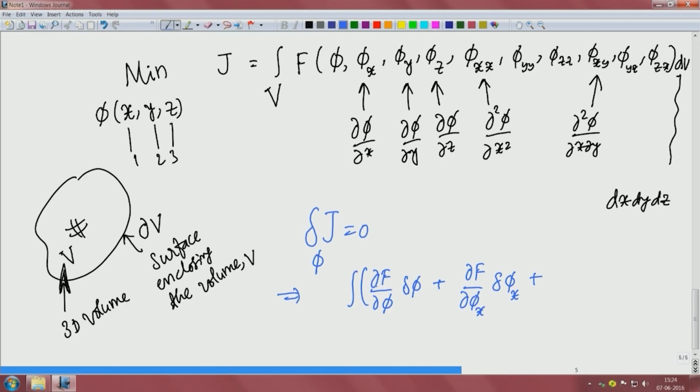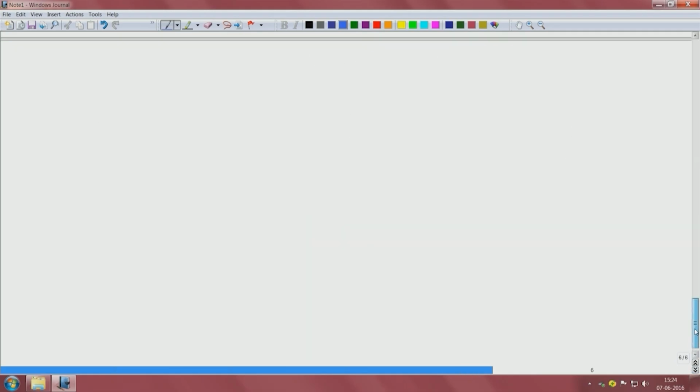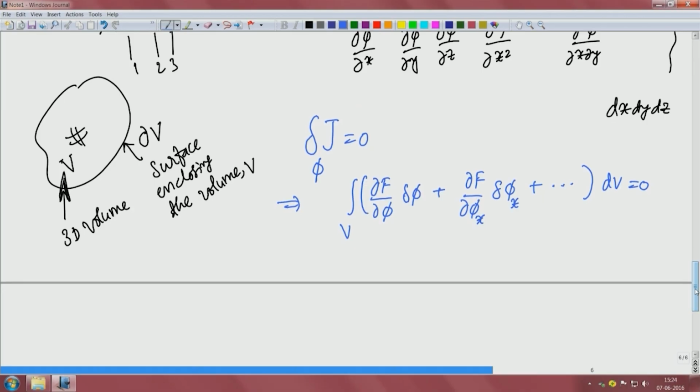However many terms there are, we will do all that, and that will be dV over the volume equal to 0. When we do that, this is already δφ, we do not do anything about it, because δφ is arbitrary. That is what we use to get the differential equation and the boundary condition.